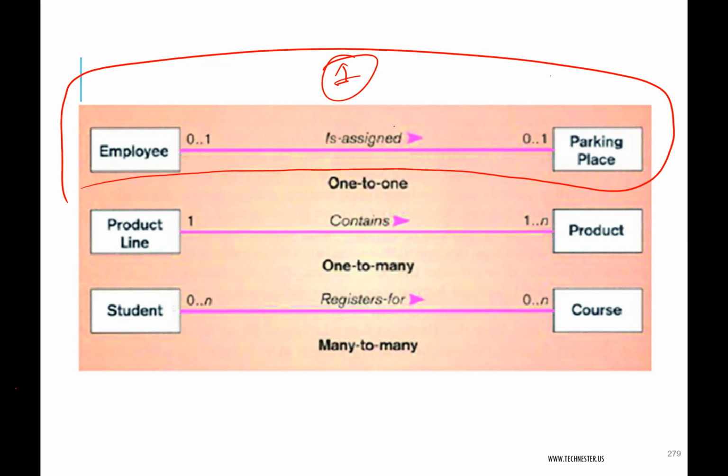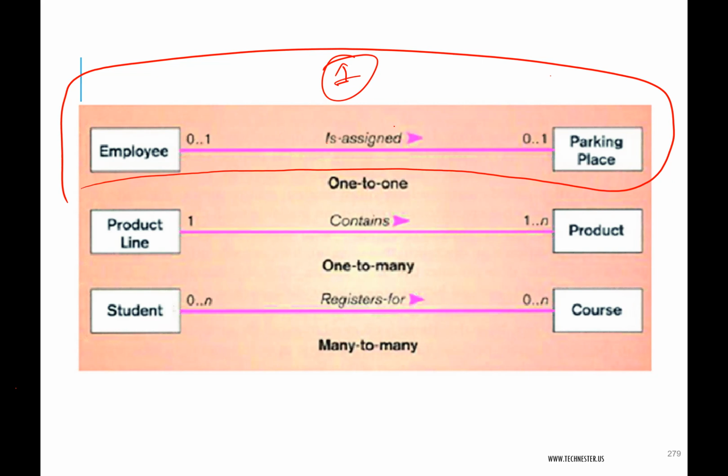This one means that an employee is either assigned a parking space or is not assigned a parking space. Okay, but what about the cardinality, the multiplicities? You didn't use them at all.